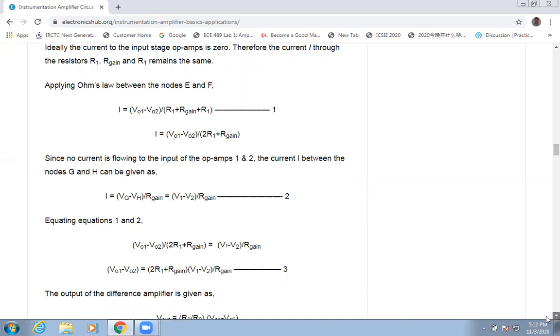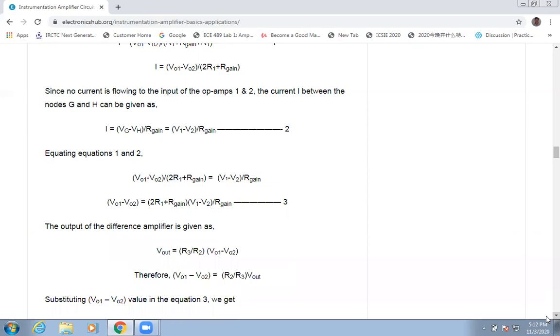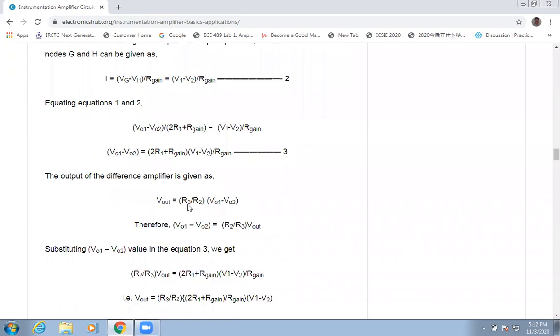The output of a difference amplifier is given as V out is equal to R3 divided by R2 into V naught 1 minus V naught 2. Therefore, V naught 1 minus V naught 2 is equal to R2 divided by R3 into V out.